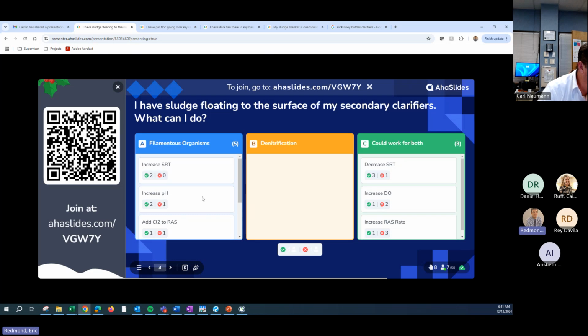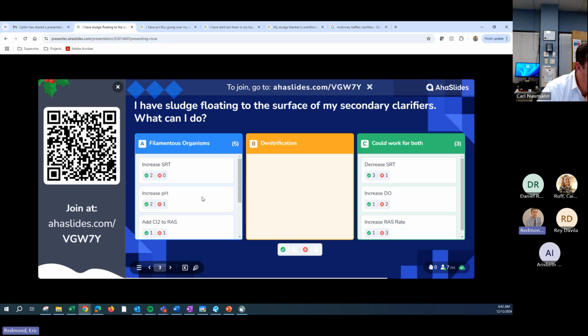What these filaments are doing is these filaments use the substrate BOD just like our good bacteria do. Our bacteria that we want, OHOs, they're competing for the same food. And at these different conditions, they can actually outcompete our good bacteria. And one of those conditions is low DO.